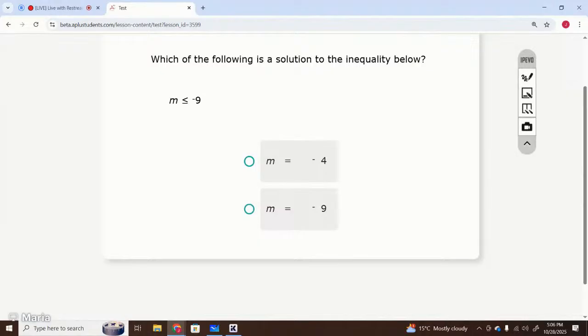Which of the following is the solution to the inequality below?